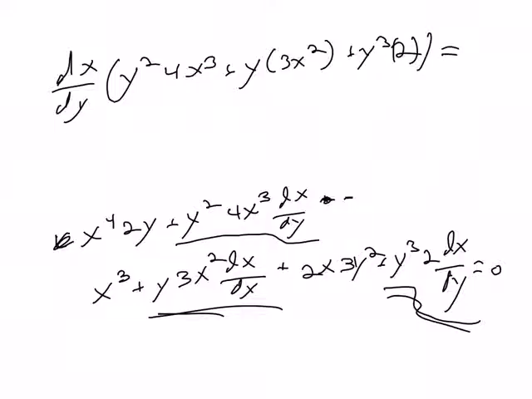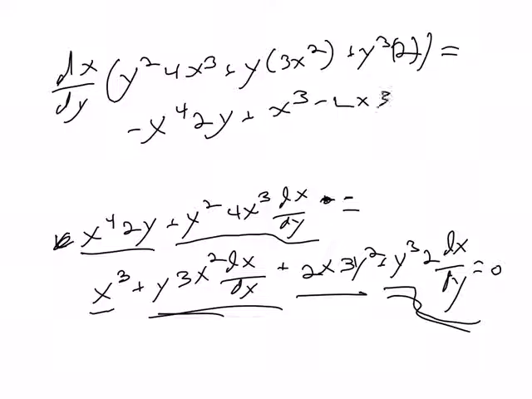This is equal to negative x to the 4th times 2y, that minus turns into positive x to the 3rd, minus that, minus 2x times 3y squared.